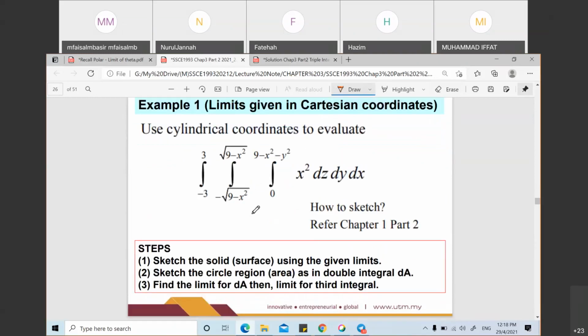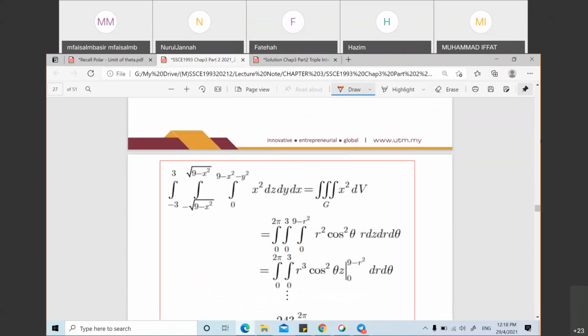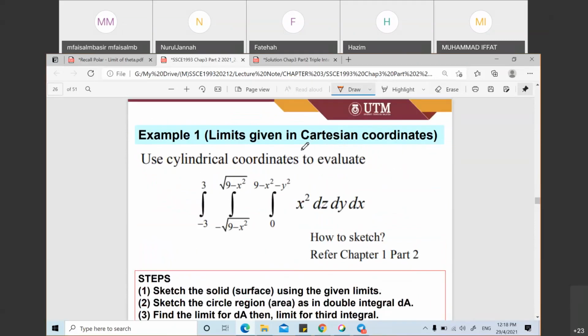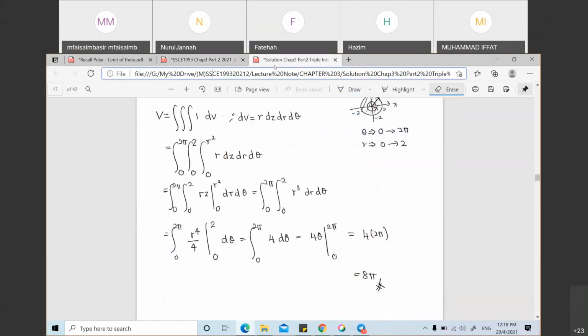First you have to sketch. z equals 0, z equals this, y equals this, y equals this. So this is just a cylinder, right? And then this is the x. They give the limits, you have to sketch.